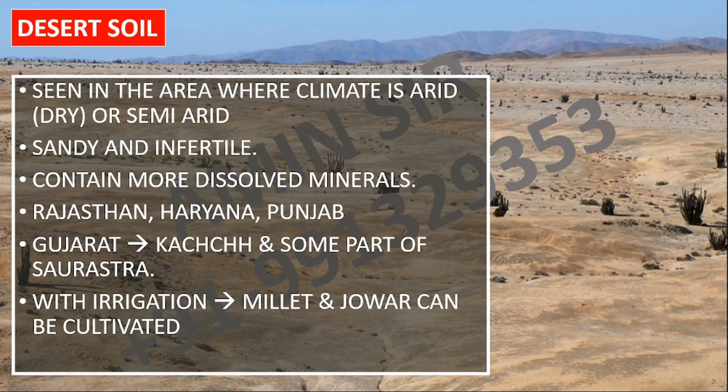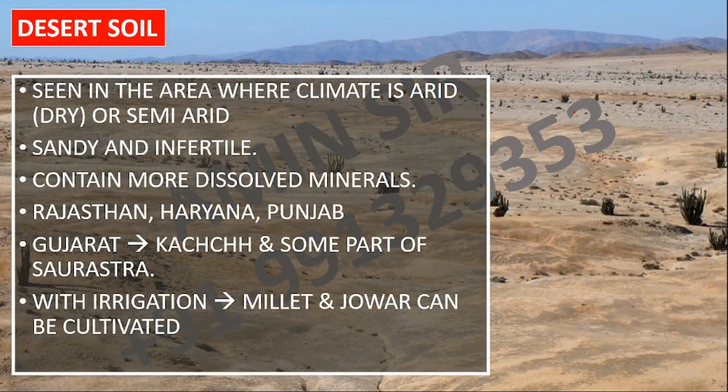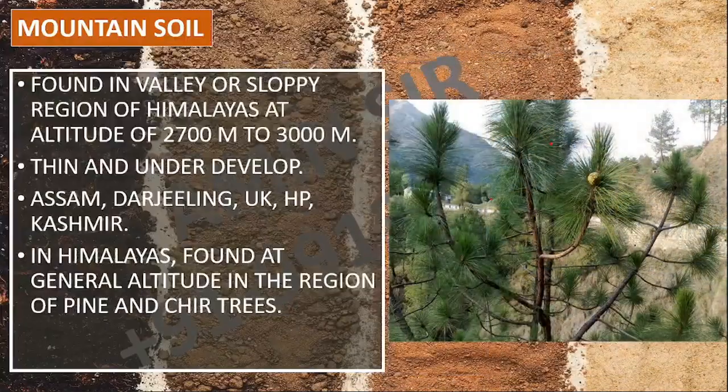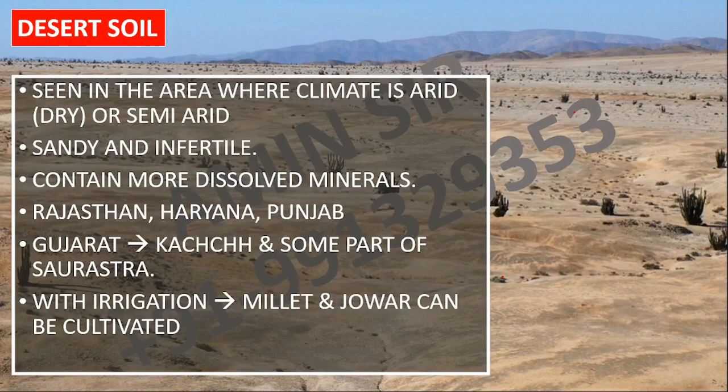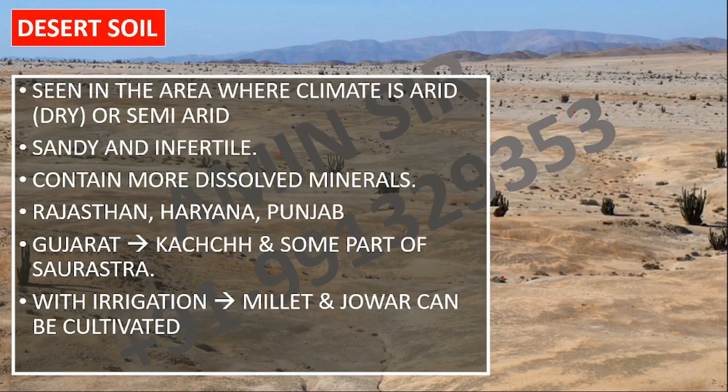Next is desert soil. As the name suggests, this type of soil is found where the climate is arid or semi-arid. Sandy and infertile, look at the background.